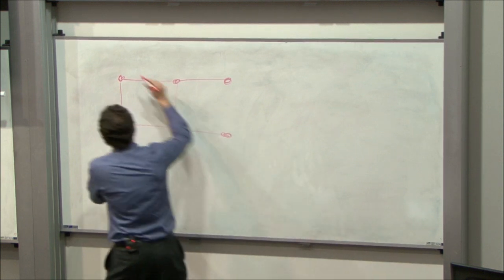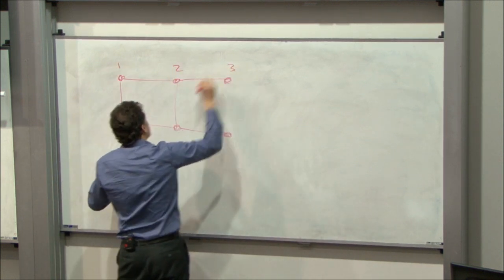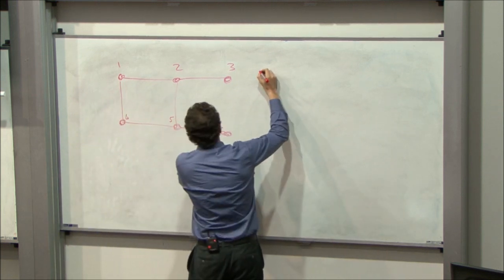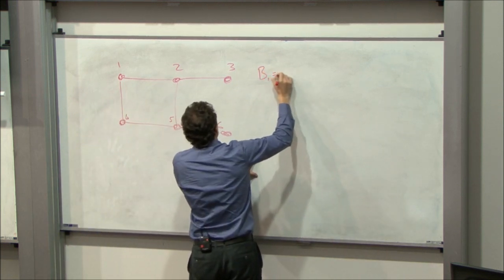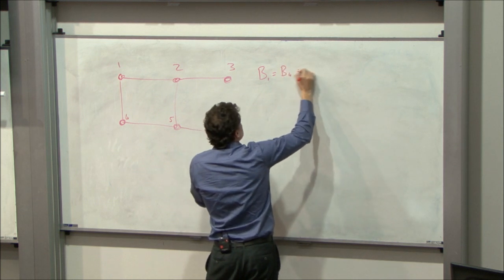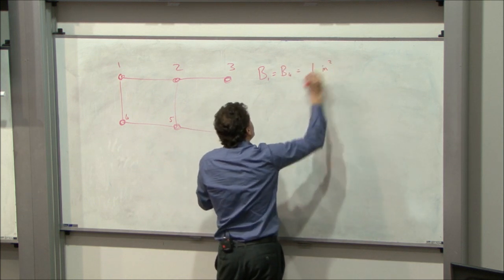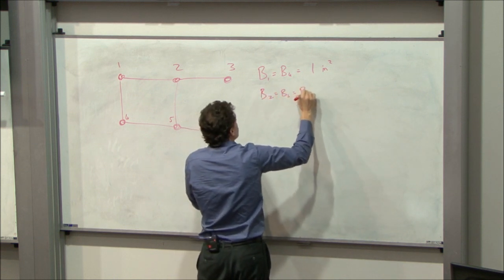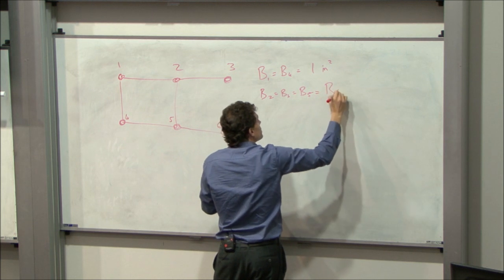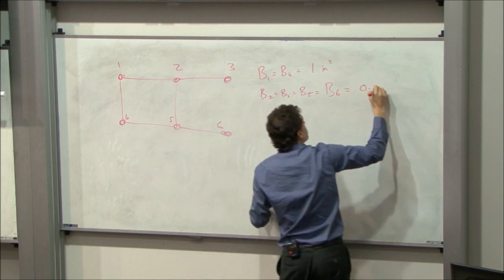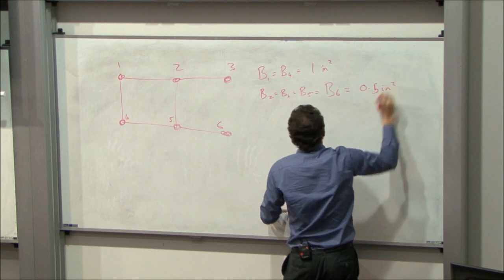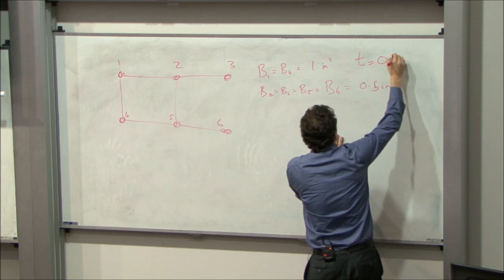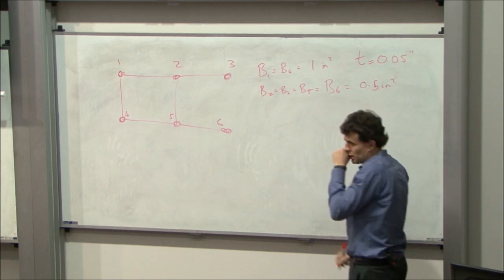So let's number 1, 2, 3, 4, 5, 6, and we'll assume that B1 equals B4 equals 1 inch squared, B2 equals B3 equals B5 equals B6, which equals 0.5 inches squared. And the t, if we need it for all panels, is 0.5 inches.